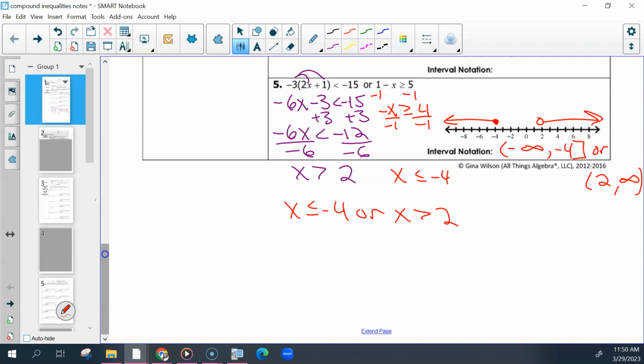Questions on that one? Are there any questions on inequalities, multi-step inequalities, inequality word problems that we want to see, go over, have questions about? Melissa. Say that one more time.